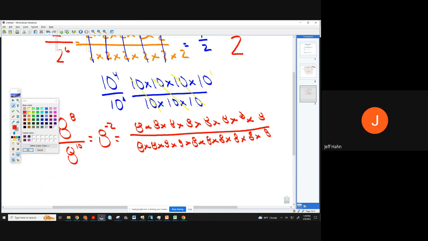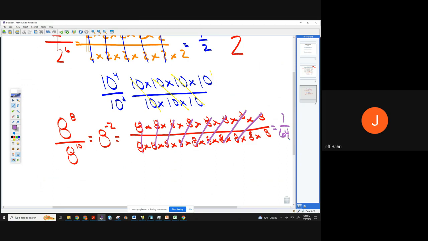And I can cross them all off, except for what's going to be left? 2 of those on the bottom, right? I'm always left with a 1 on top. What's 8 times 8 on the bottom? 64.